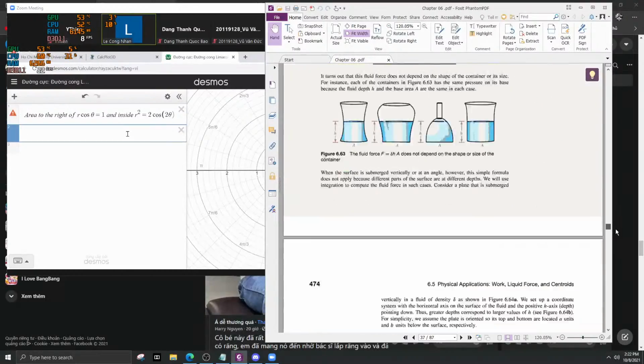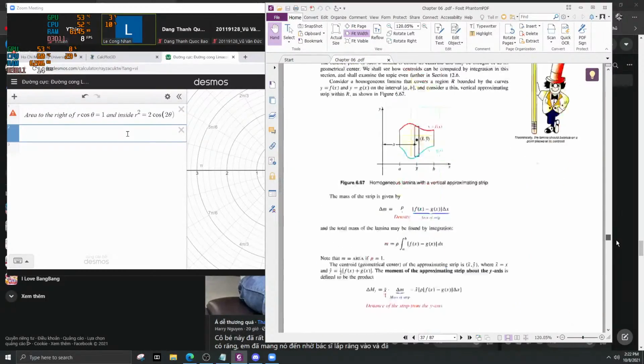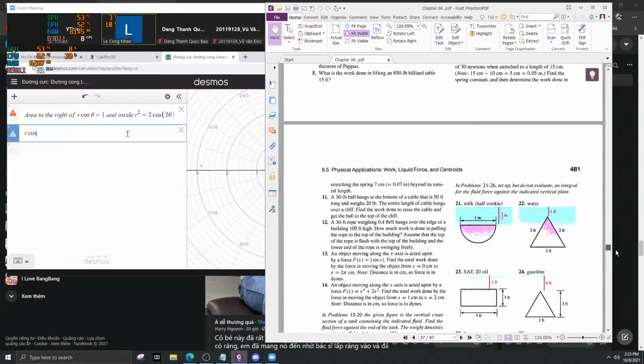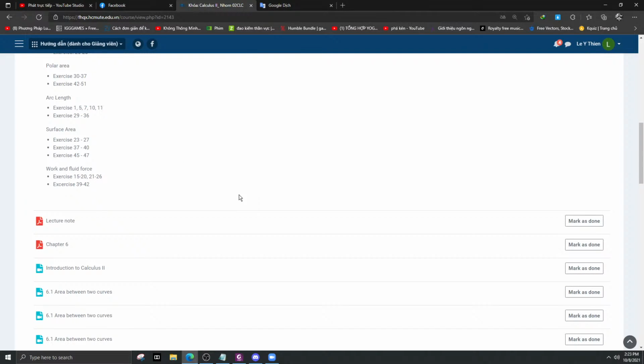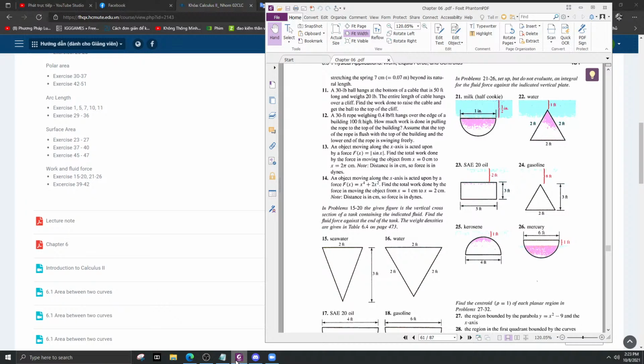So first I will sketch the line r cosine theta equal 1. So r cosine of theta equal 1 is the line x equal 1, because the relation between the polar and rectangular coordinates is x equal r times cosine of theta. So the equation in Cartesian coordinates is x equal 1.